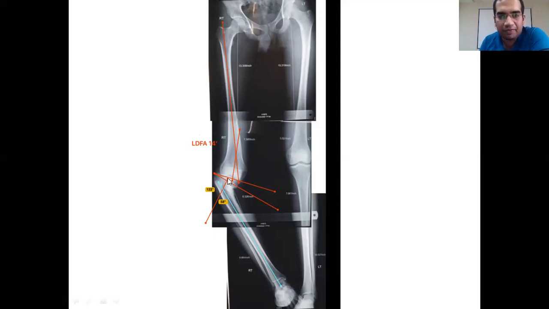The femur is in valgus with 14 degrees. So what I cannot do is simply undercorrect my tibia by 14 degrees and hope this will balance out at the knee. This is not how things work. I have to correct both deformities in order to restore my joint orientation.